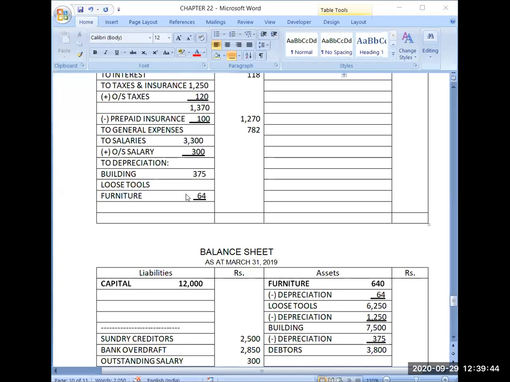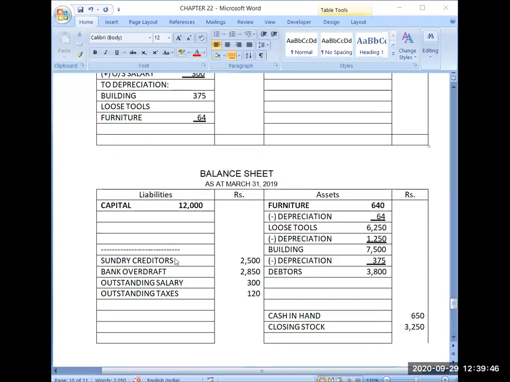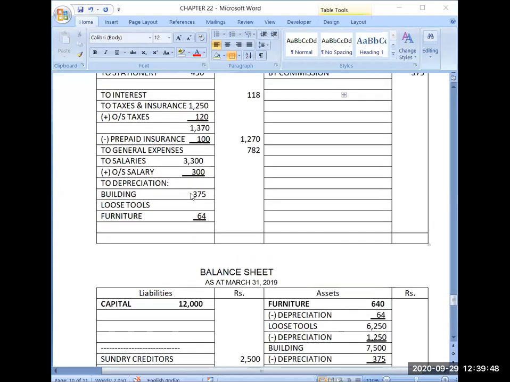Now, so I have done this part also, outstanding taxes, and the final amount for salary will be now 2,700. The final amount, okay, this depreciation I have forgot to write here. If you will forget something, you will not be able to complete your question properly. 1,250 was the depreciation on loose tools.